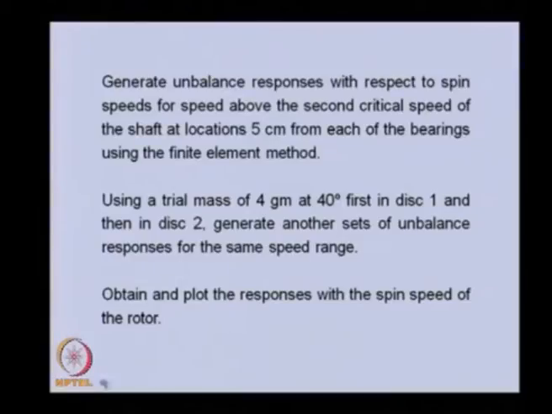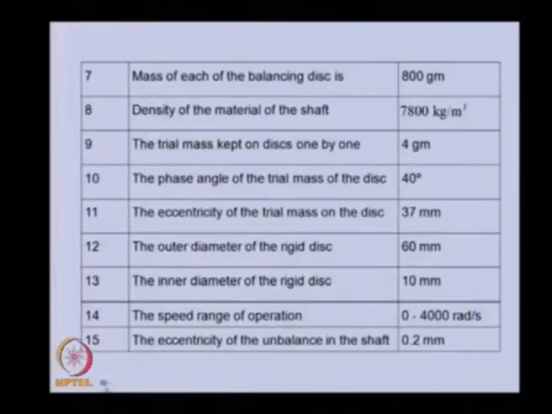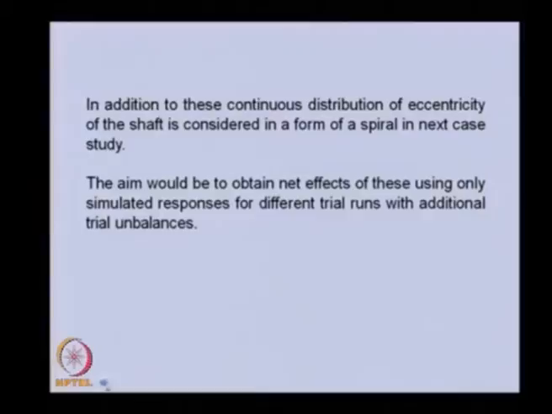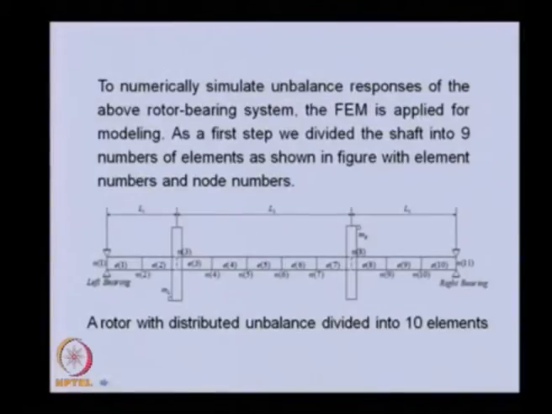So now let us come to the finite element formulation. This is a rotor which we have divided into 10 elements, and the various nodes and elements are mentioned here. All the geometry of the rotor we know. With this we can obtain the elemental equation for a rotor.